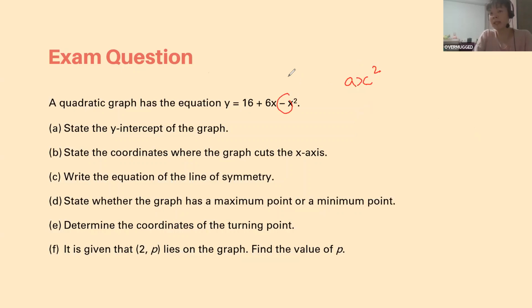Over here, my A is -1, so I'll be getting a sad face. Since I'm getting a sad face, the graph will have a maximum point. So that's what I'm trying to ask. Is it clear?